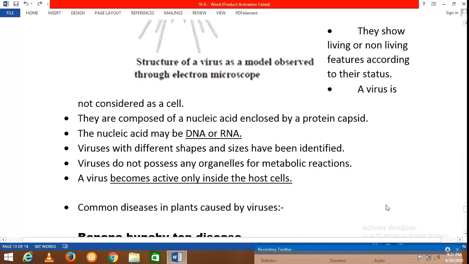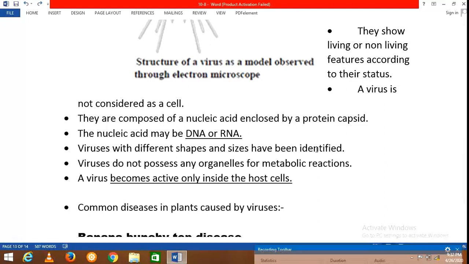A virus is not considered a cell. They are composed of a nucleic acid enclosed by a protein capsid. The nucleic acid may be either DNA or RNA. Viruses with different shapes and sizes have been identified. If you have time later, you can search the images of virus.